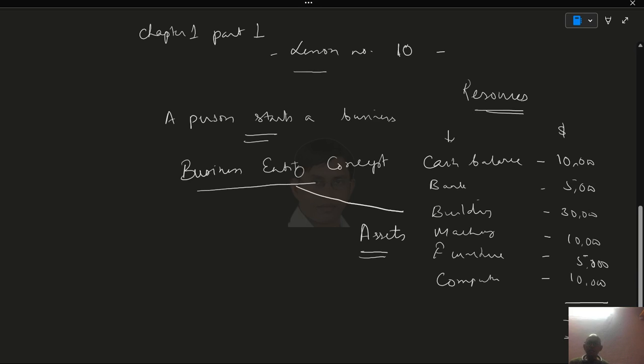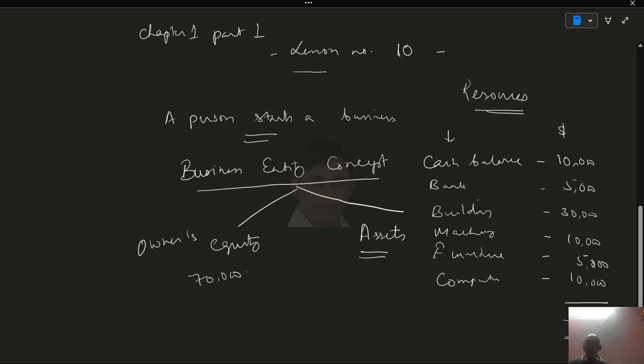It says that so much of assets are owned by the business, but so much of money is owed to the owner. This is known as owner's equity. How much is owner's equity? Owner's equity is 70,000. This is a liability, owner's equity.